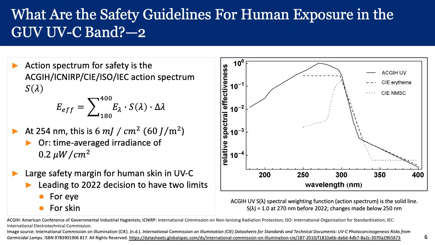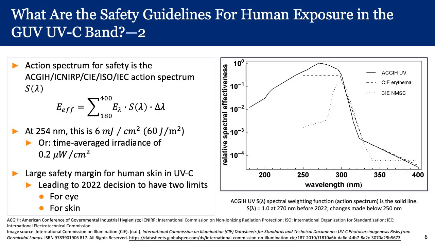Now let's take an example of 254 nanometers, which is not at the peak 270. S lambda, or that solid line, has a value of 0.5. So in the equation up on the left, we would use the irradiance that we measure, but we'd multiply it by 0.5 so that the effective irradiance, E sub effective, is twice as high as for 270.